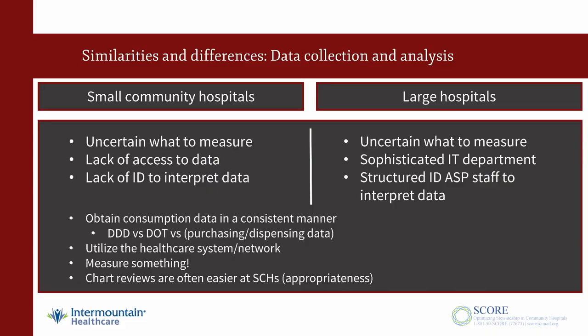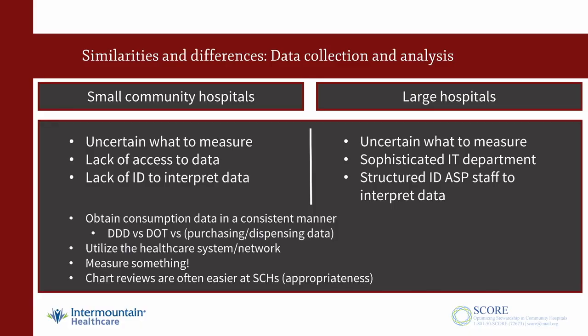Our recommendation is that small hospitals obtain antibiotic consumption data in a consistent manner. Most often, small hospitals rely on defined daily doses, as this is a metric that is easier to obtain than days of therapy, which requires individual patient-level data. If possible, small hospitals should utilize their healthcare system or network to obtain antibiotic usage data.